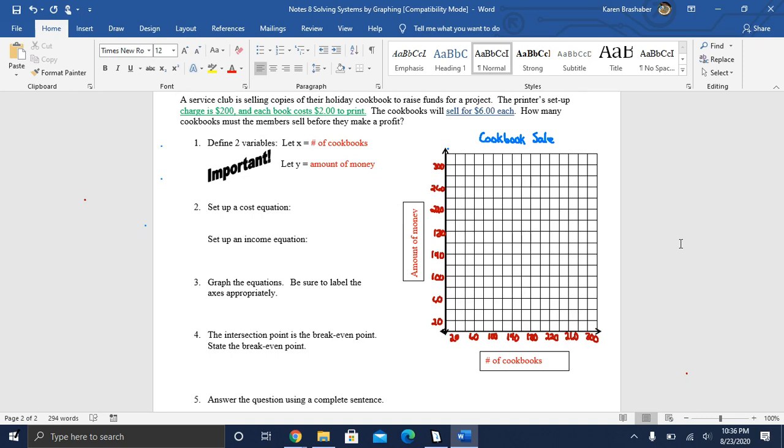So we have a story here about a service club that's selling copies of holiday cookbooks. In green, I have underlined and color-coded it so that you can see the costs. So X is going to be our number of cookbooks, Y is going to be our amount of money, and our cost equation that I've highlighted in green is going to be Y equals, and then it says each book, so each is an indication of multiplying.